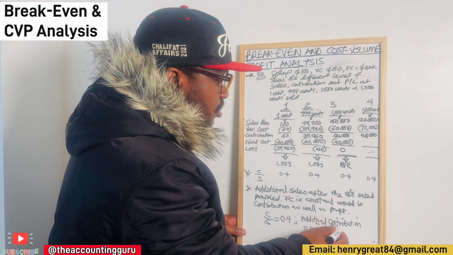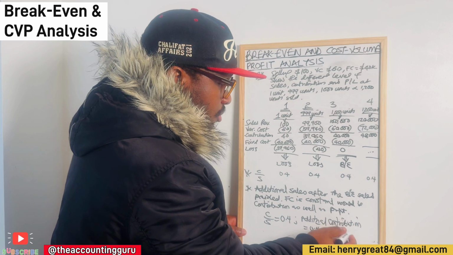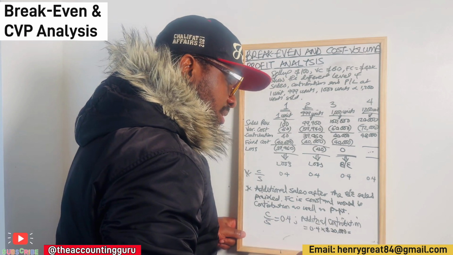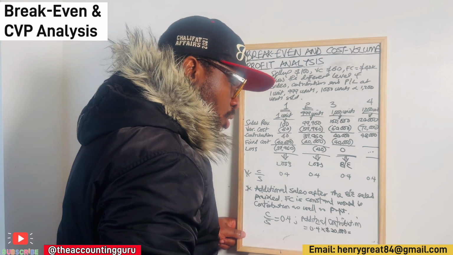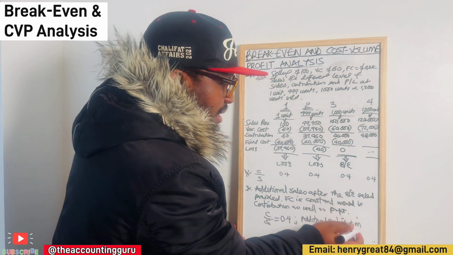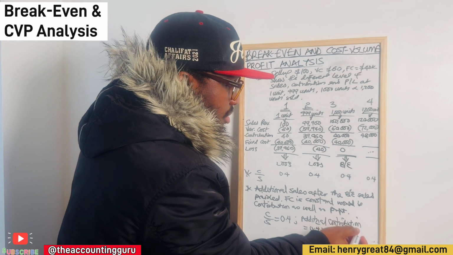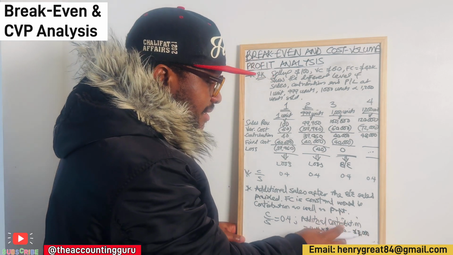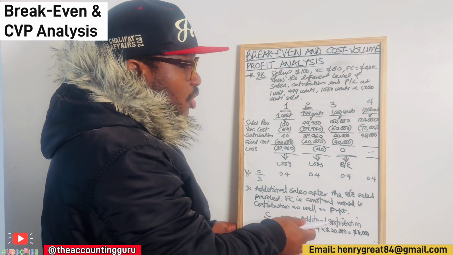So 0.4 times $20,000 gives me $8,000. So this $8,000 is the additional contribution.